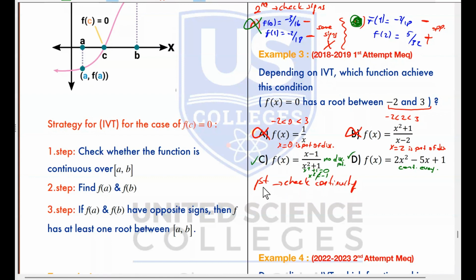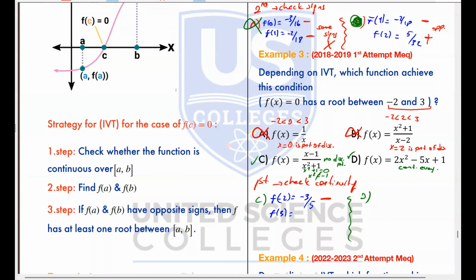Let's check the signs of f of negative 2 and f of 3 for both options, option C and option D, one by one. Okay, option C. F of negative 2: negative 2 minus 1 is negative 3, divided by negative 2 squared, 4, plus 1 makes 5, so that's a negative result.